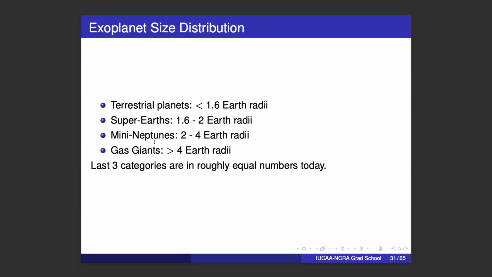The last three categories are in roughly equal numbers today. This is very hard because, both for the radial velocity technique as well as the transit technique, a big massive planet is easier to detect. Something like this is easy to detect.